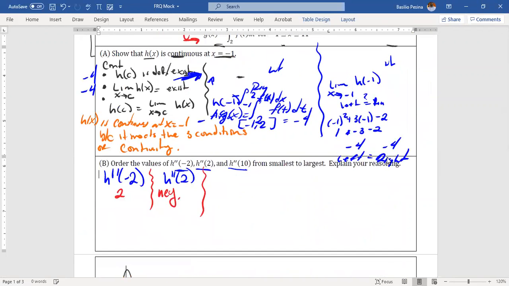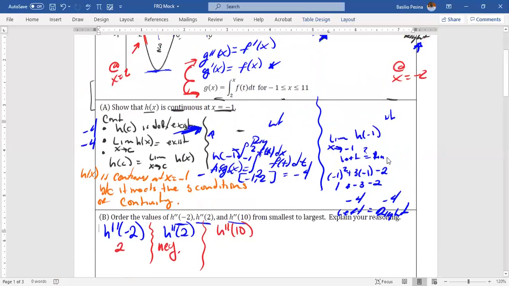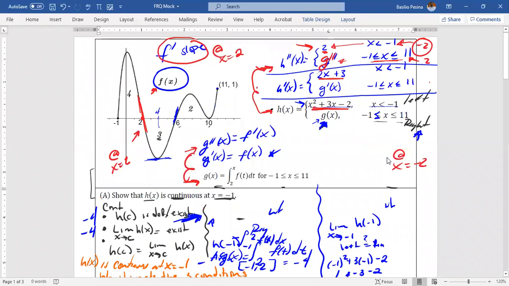Last but not least, h double prime of 10. That means in reality, it's in the interval right here, the same as 2, because it's bigger than -1 and smaller than 11. So I'm talking about this interval, which I derived this function twice, and I got this one.